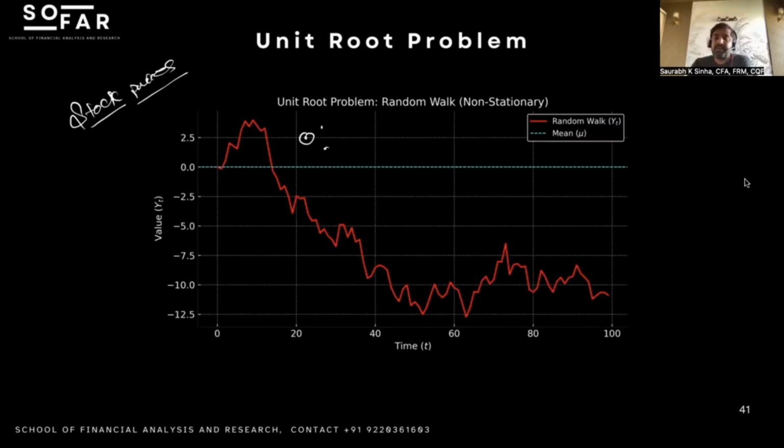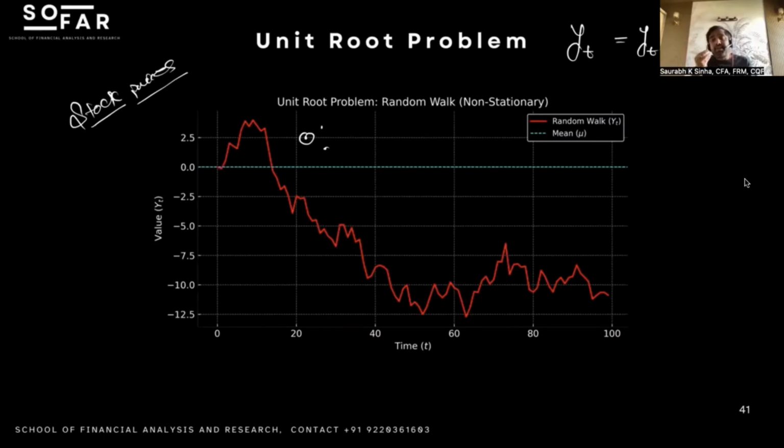And therefore, in the stochastic process, generally people write that yt is actually dependent upon the previous term, yt minus 1. Why do we write the previous term yt minus 1 for randomness? Because the next stock price is going to be the previous stock price. I have written yt is equal to yt minus 1 for stock prices, which are completely random.